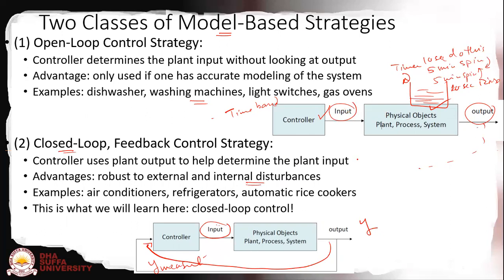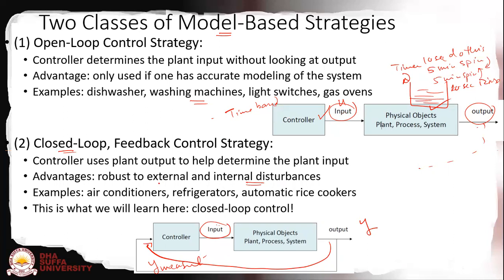And also for internal disturbance, maybe it is sending a signal to spin right and the motor is not moving at all. If there is a feedback signal about whether the spinning is being done, then the controller will know. The controller is asking the washer to spin, and the machine is not spinning; the controller knows it, so it can stop.